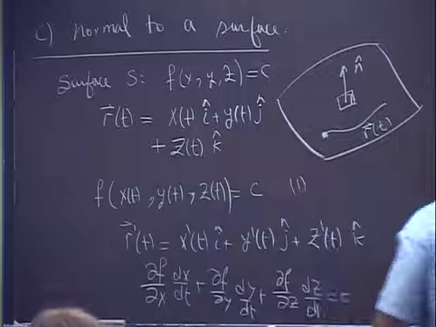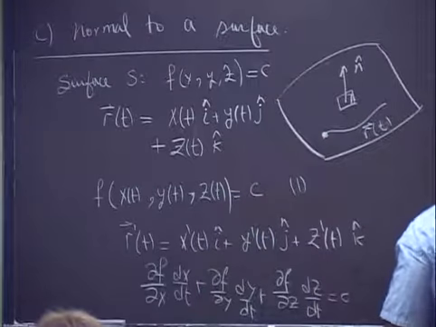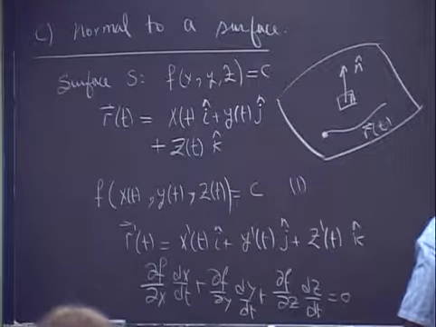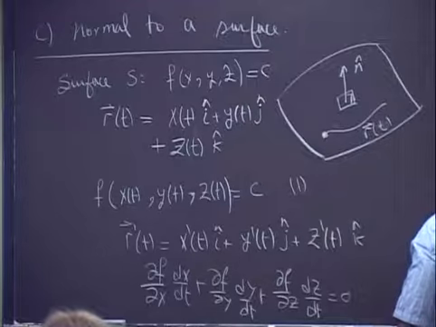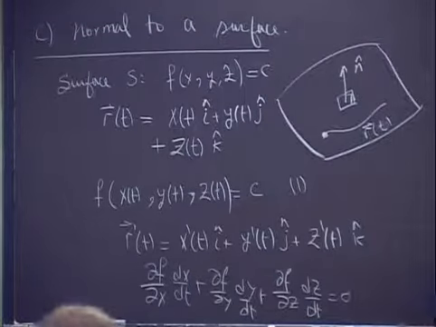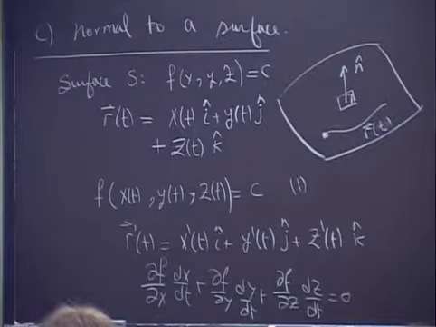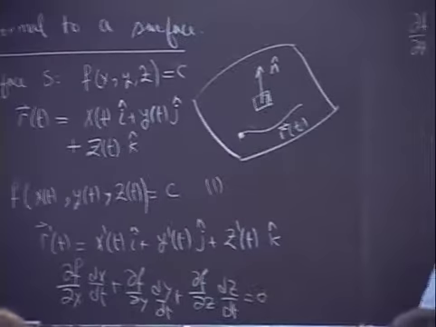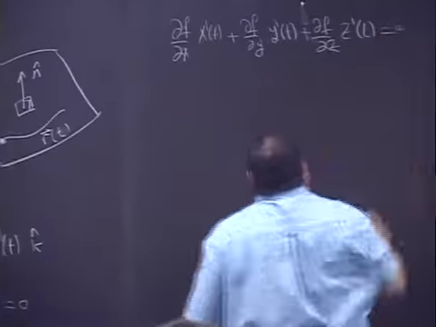So this will be df by dx multiplied by x prime of t plus df by dy multiplied by y prime of t plus df by dz multiplied by z prime of t equal to 0.